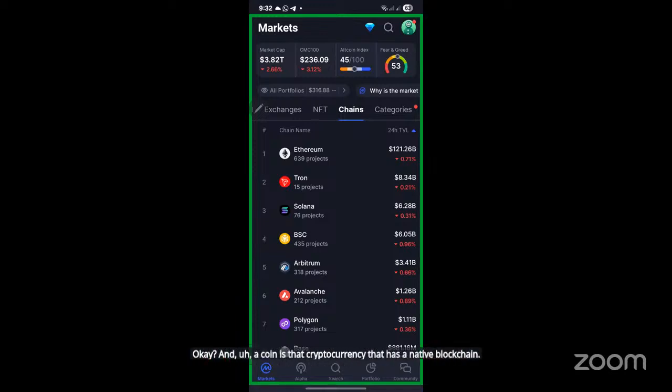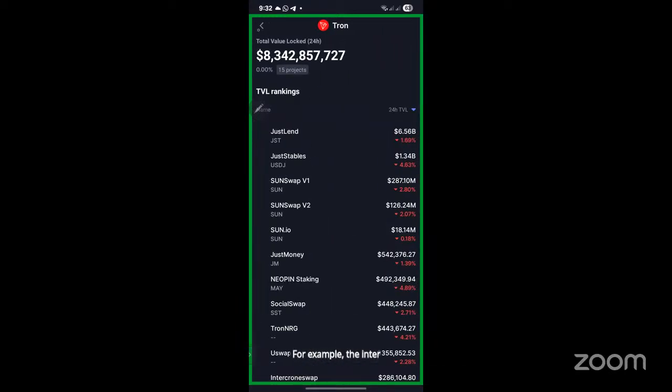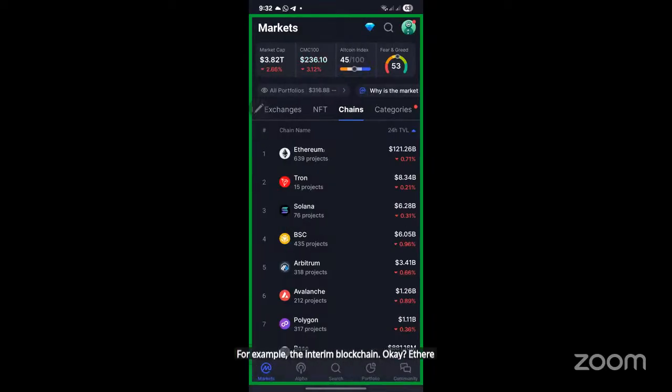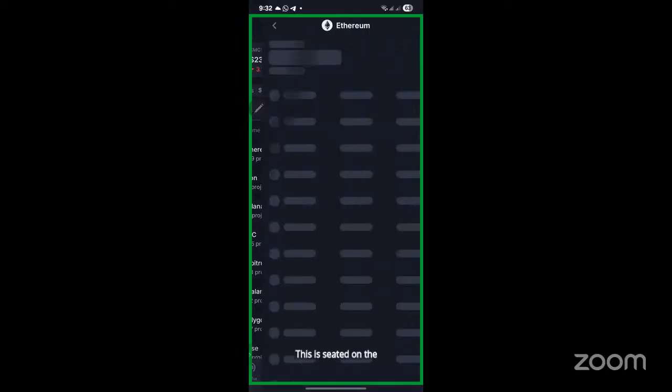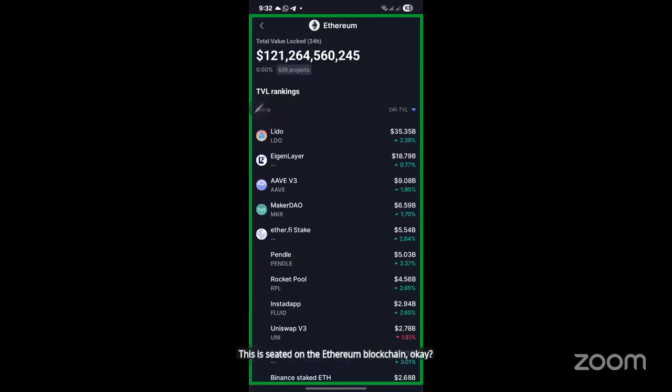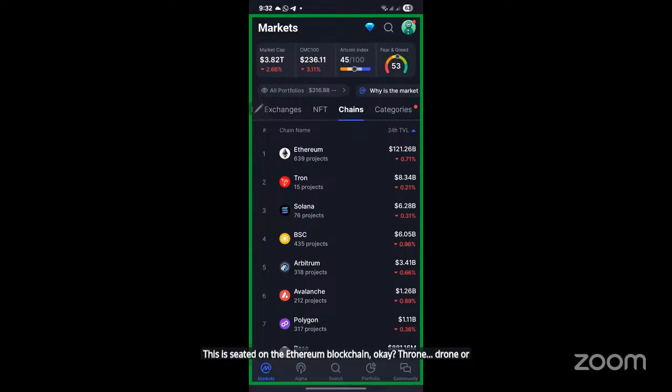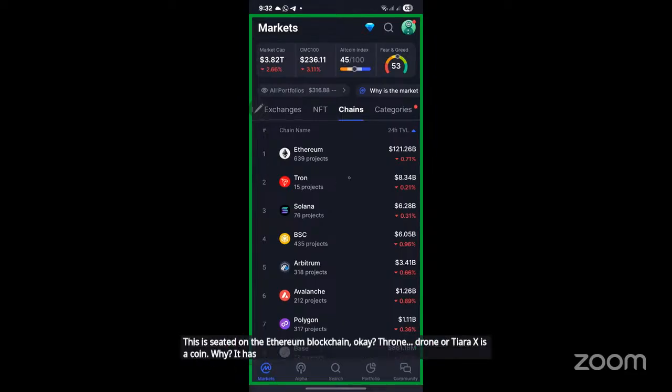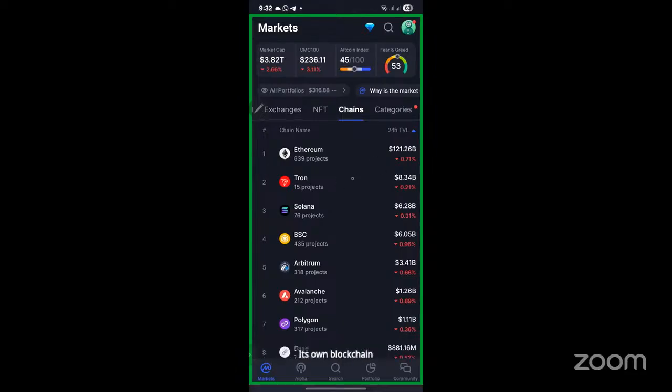For example, Ethereum is a coin. Why? It has its own blockchain. Tron or TRX is a coin. Why? It has its own blockchain. And Solana is a coin. Why? It has its own blockchain.